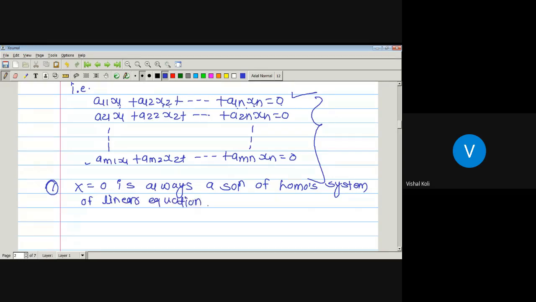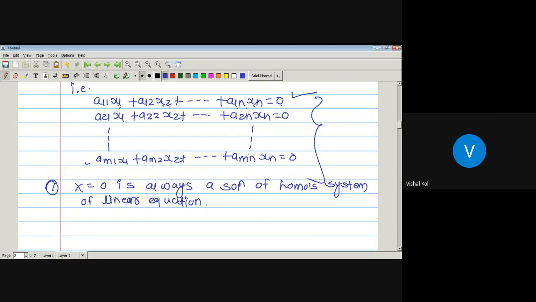X equal to 0 means it is a matrix of order n by 1 having elements x1, x2 up to xn, so x1 equal to 0, x2 equal to 0 up to xn equal to 0. This will always be a solution of a homogeneous system of linear equations, since whatever the values of its coefficients, it always holds these conditions.